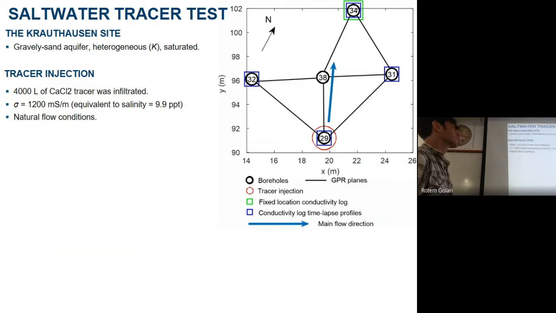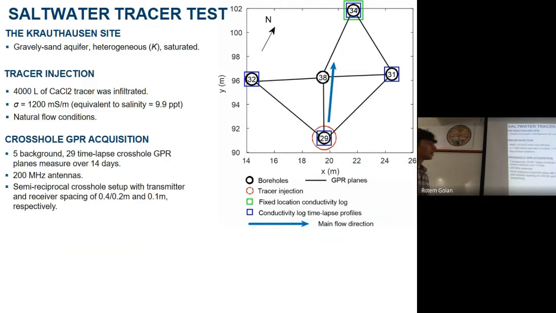So it's like 13 times higher electrical conductivity. And once the tracer was injected to the aquifer, it was transported by natural flow conditions of about, on average, 1 meter per day.